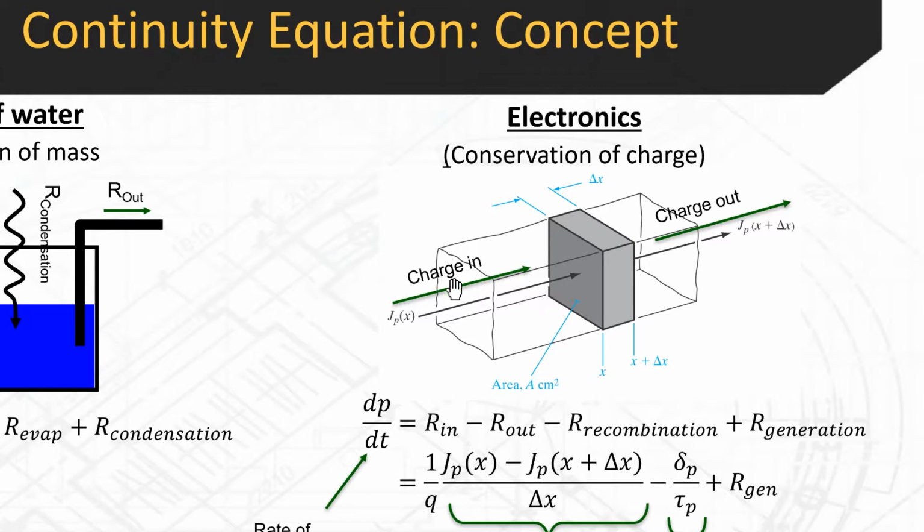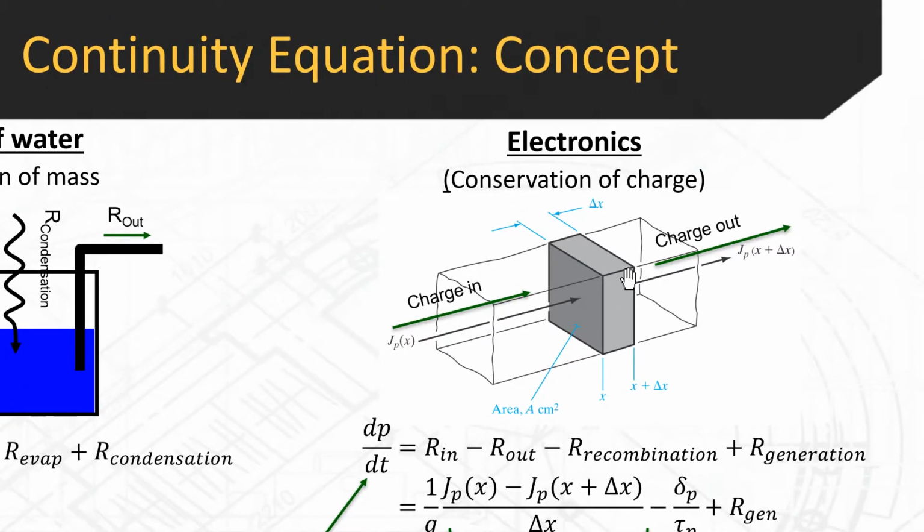So the flow of charge inward is adding to charge in the material, and then generation processes are also adding charge to this gray region. The flow of charge out of this gray region is a rate out, and so is recombination, because recombination is also removing charge.